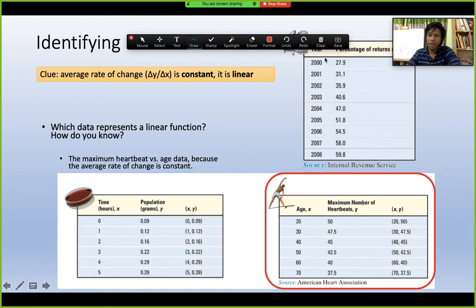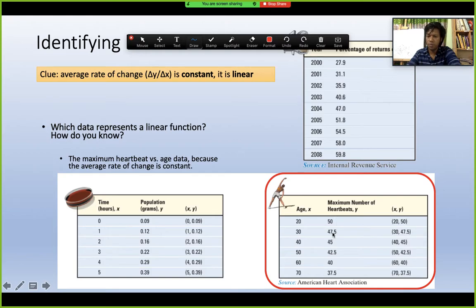And there is also a technique. Without doing the math, when you become an expert, you can use the technique. You see, this is 20, 30, 40, 50, 60, 70. The change is the same for all the values. Here also the change is the same: 50, then 47.5, 45, 42.5. The gap is the same for all of them, minus 2.5, which is the second value minus the first value.